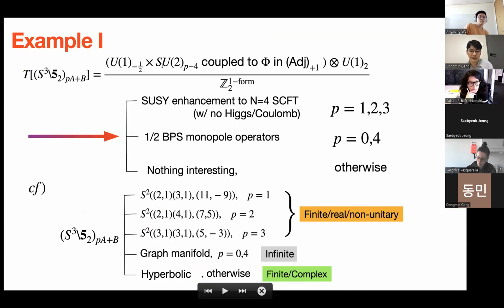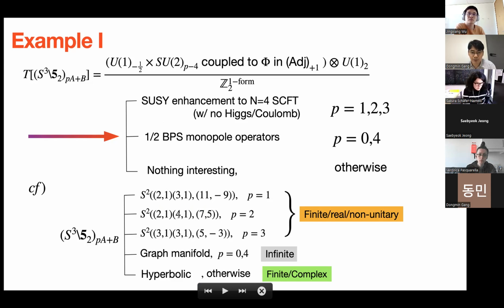And this is an example I showed in the first part of my talk. In this case, the theory is this one. As I told you, in the P equals 1, 2, 3 cases there is SUSY enhancement, and in the P equals 0, 4 cases there are half-BPS monopole operators, and otherwise it is not. In the P equals 1, 2, 3 cases, it corresponds to Seifert fibered spheres, and these are all the non-unitary type.